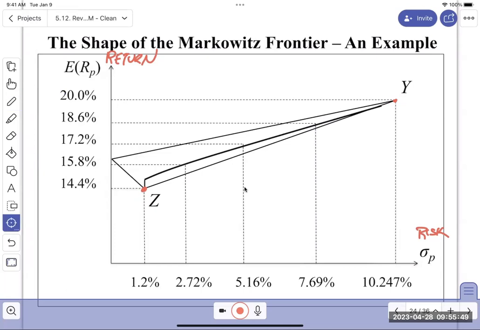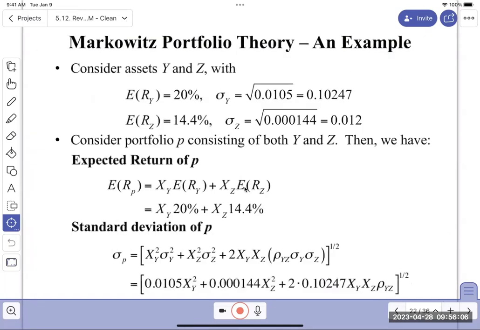What will happen if I put them together in a portfolio, and which alternatives, which combinations should I choose? That's what we're going to talk about. I'm going to talk about how I generate all these numbers here. Here is the formula.